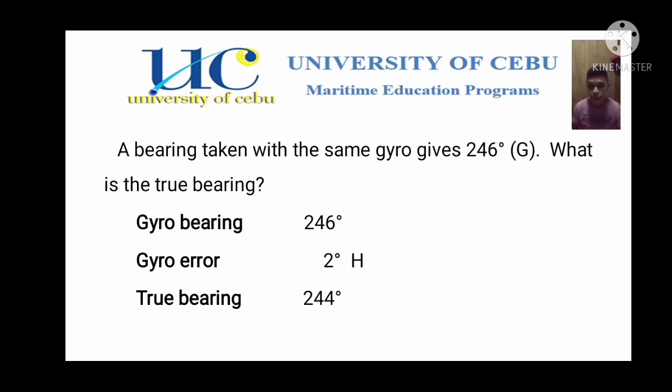We must read the question carefully because it can be confusing, and we must remember the basic rule. So in the example, the gyro bearing is 246 degrees and the gyro error is 2 degrees high, so we subtract as the rule says. The true bearing is 244 degrees.